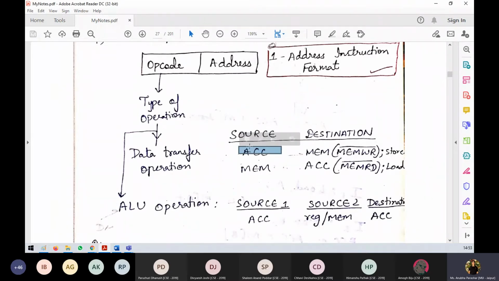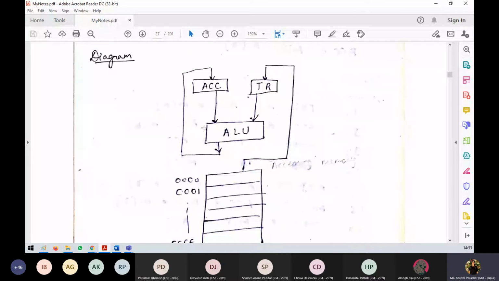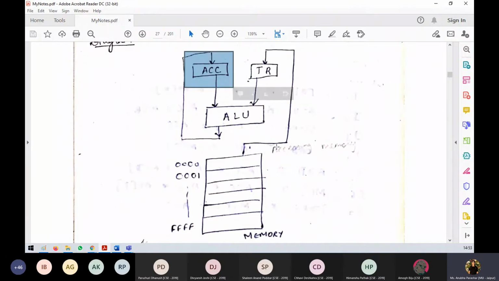Second operand could be from a register or could be from memory. So that means for the ALU, one of the operands is lying in the accumulator and the other data could be either in the temporary register or in memory.